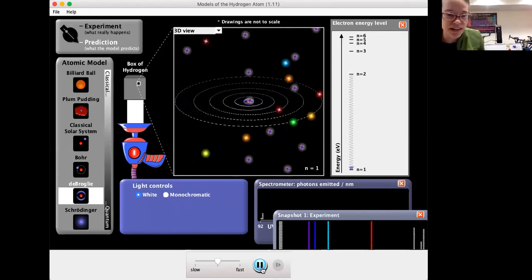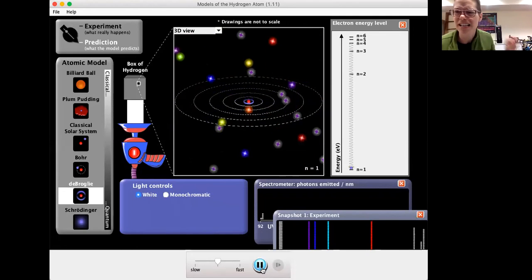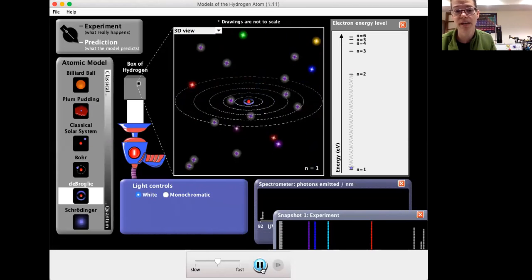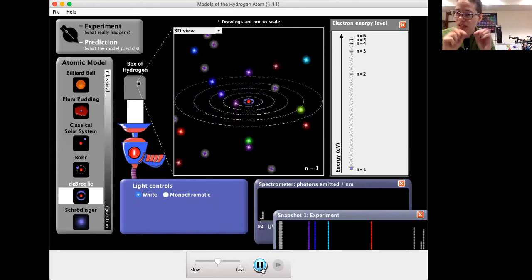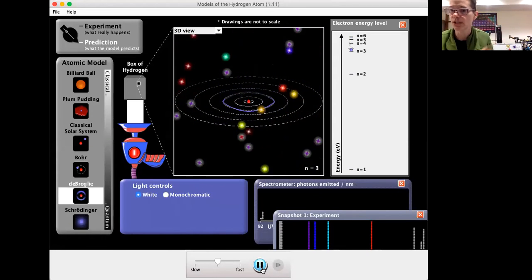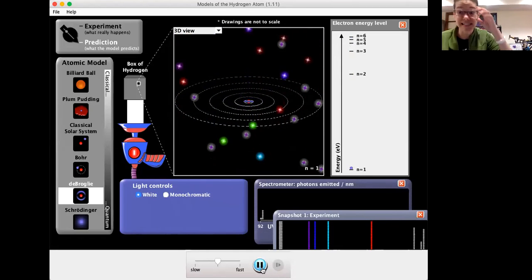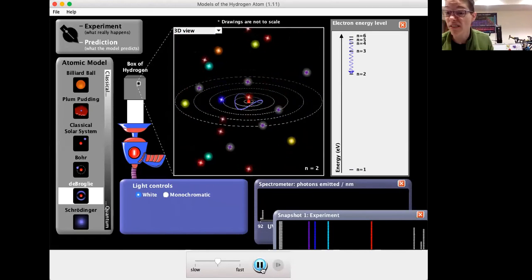And so if you think about an electron as a wave, it makes a little bit more sense how it can only have distinct wavelengths, because it can only have a complete circle. We're only allowed to have a complete circle. So each circle here in this model is an additional complete wavelength.